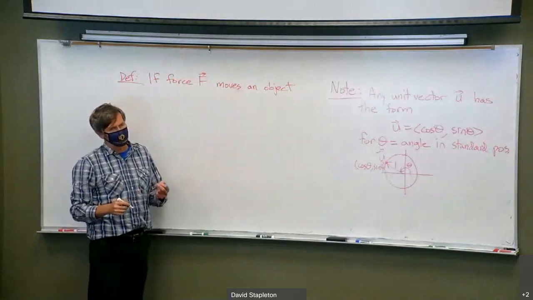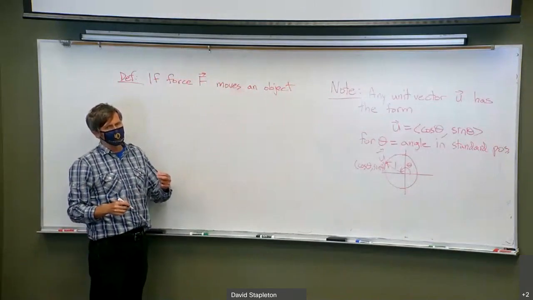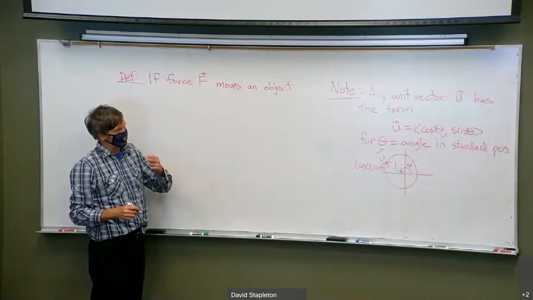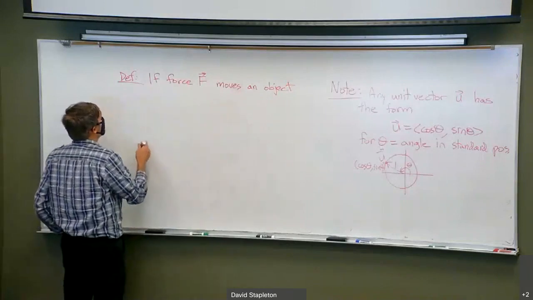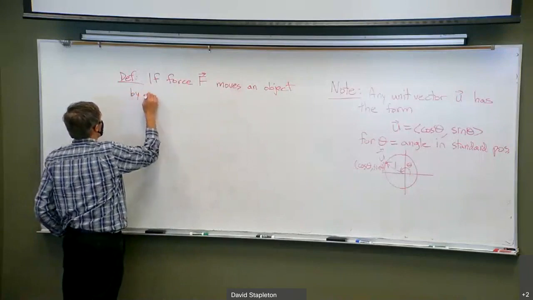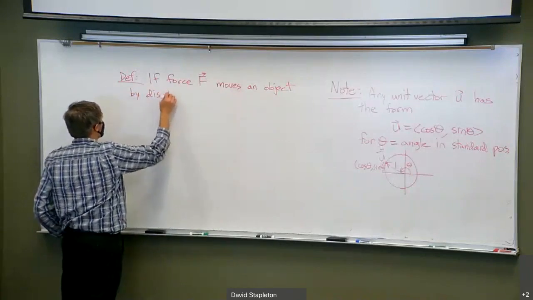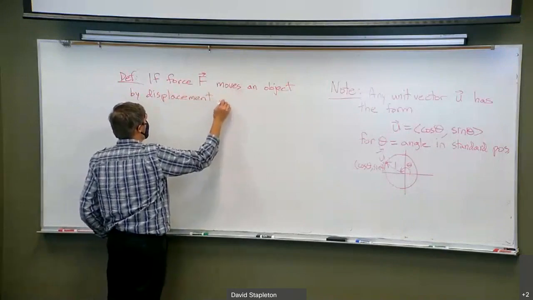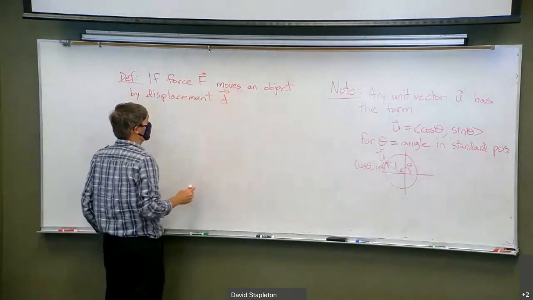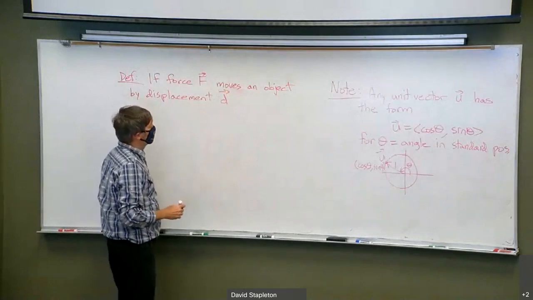So it's like you pick some point on it and say, this is the position of the object, and you just follow that position of the object, by some displacement vector from its initial position, d. So d for displacement.